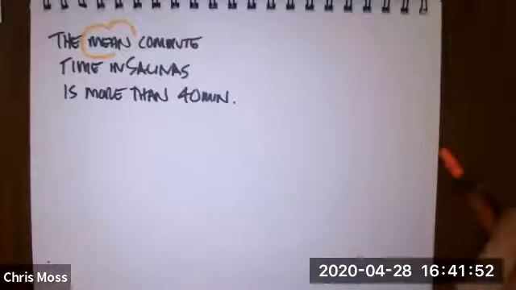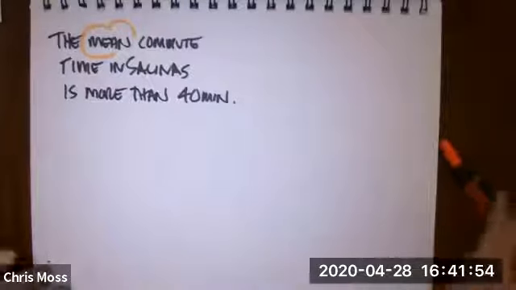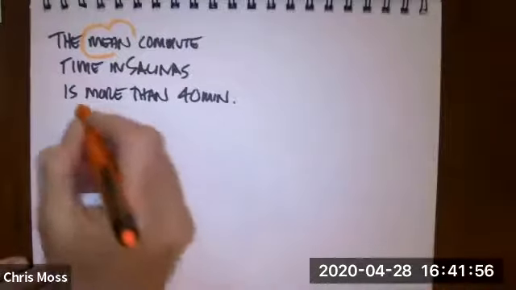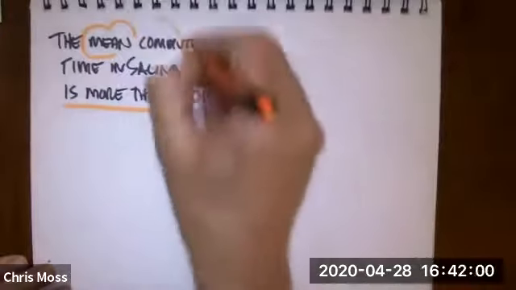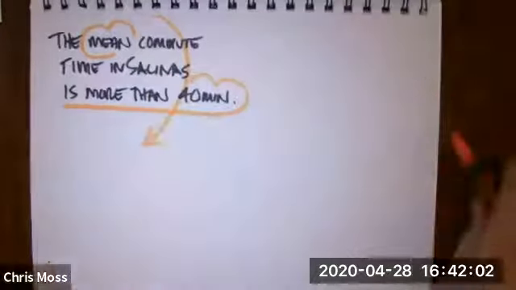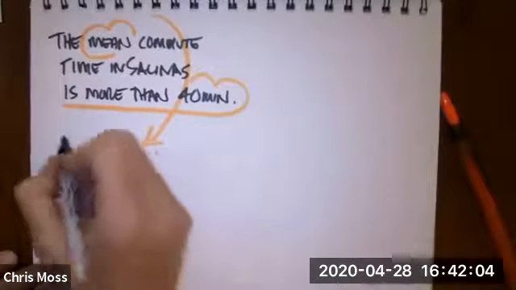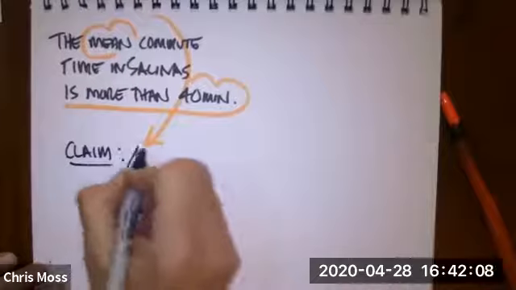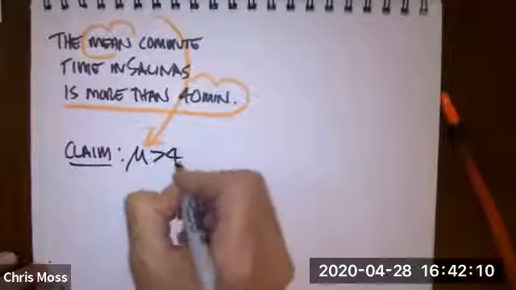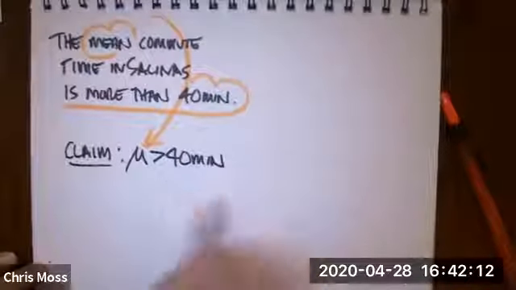So my claim will involve mu. And I note that the claim is that it is more than 40 minutes. So if I take that information, I can note that the claim looks like mu is greater than 40 minutes.